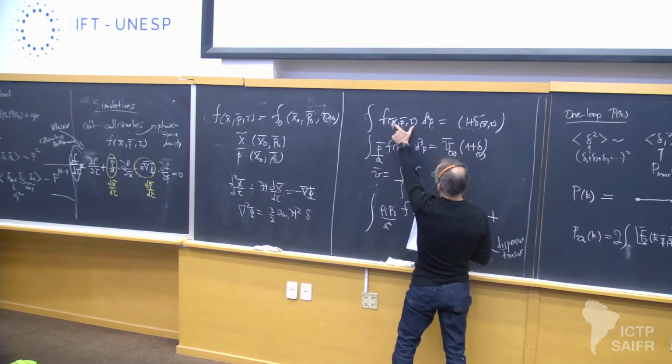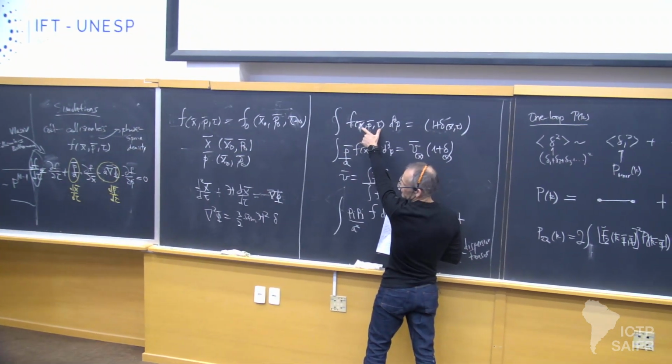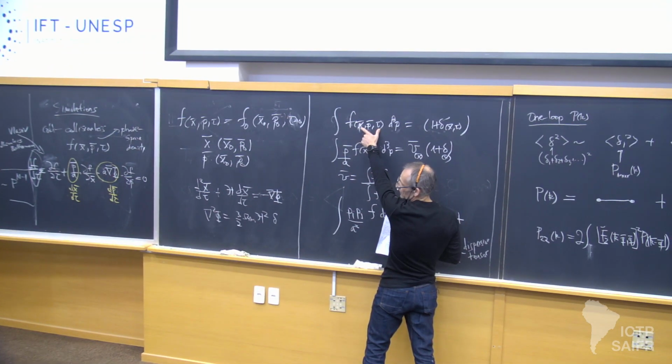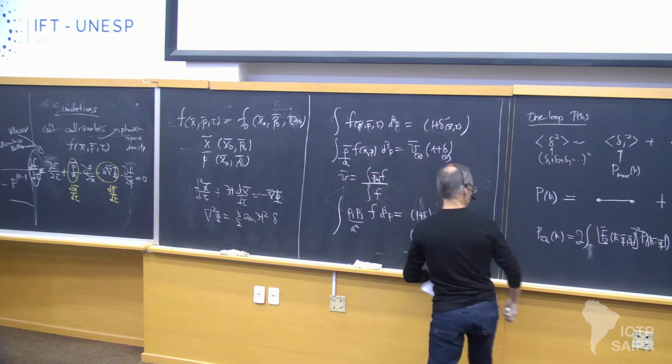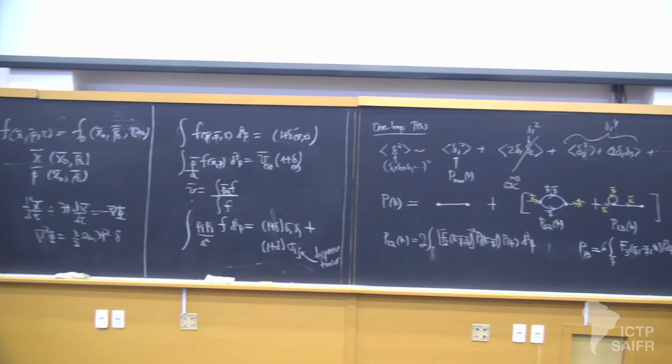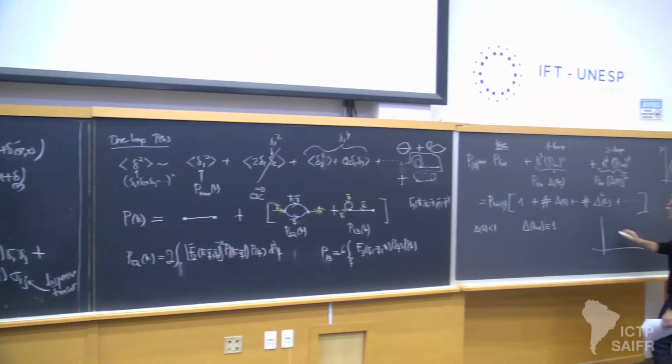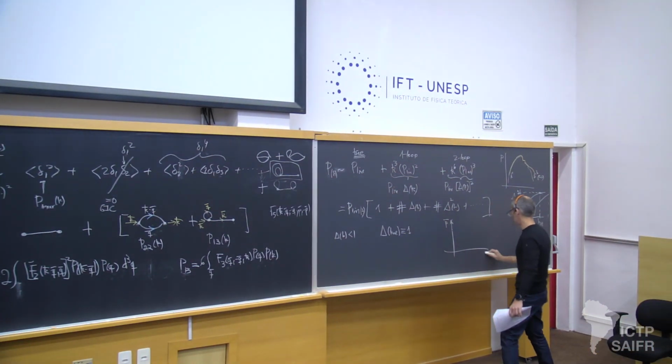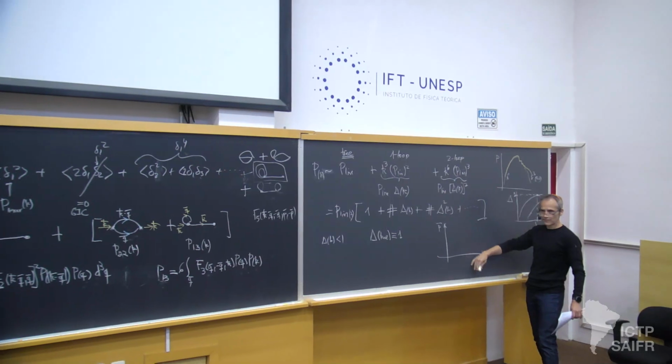This is a density in phase space, per unit d3P, right? Let me draw phase space here. So this is 6D phase space.